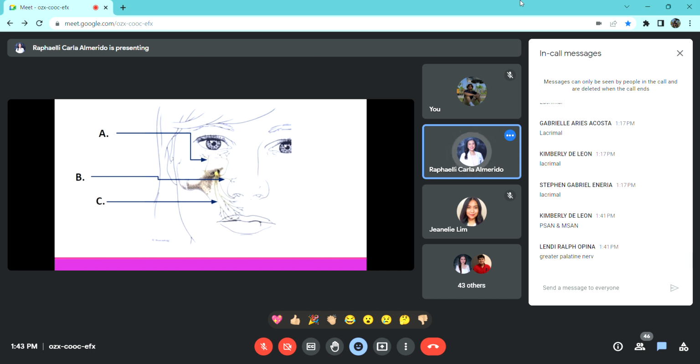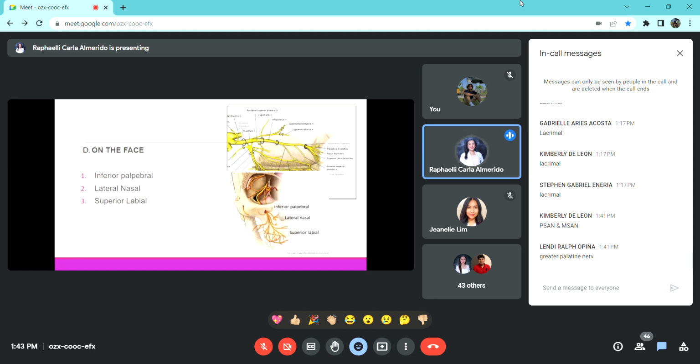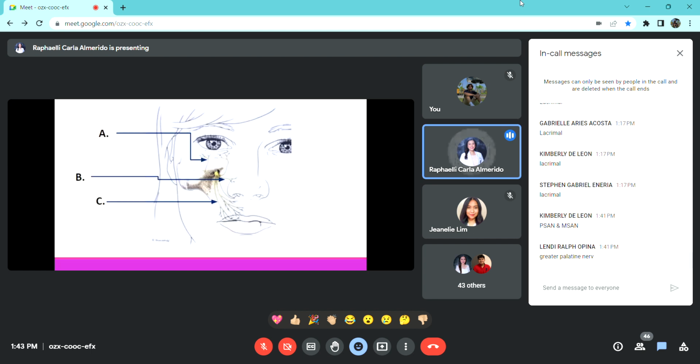So if we look at this diagram, what is A? Sige nga, tatlo lang naman option natin. These three. Based on the location, what's letter A? Inferior palpebral nerve, correct. What's B?